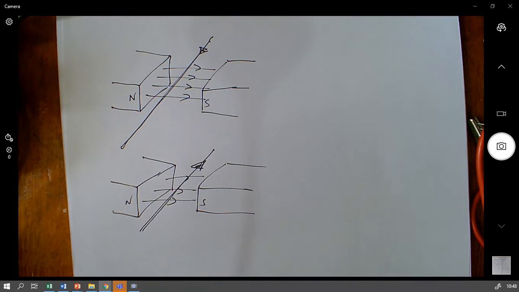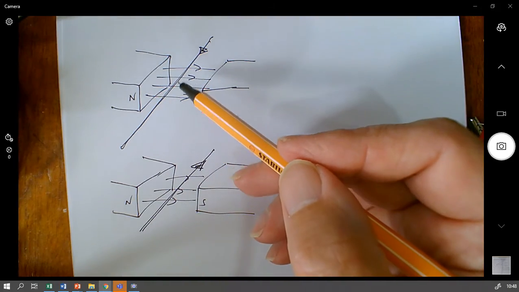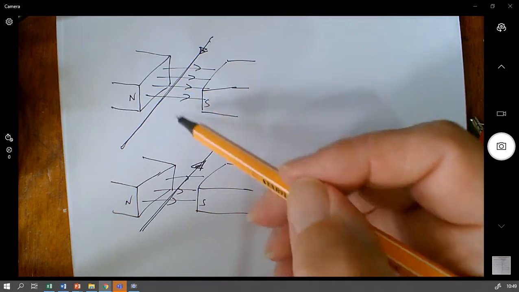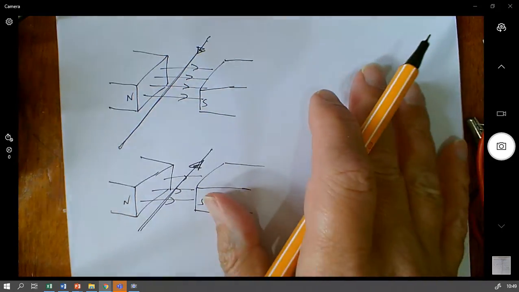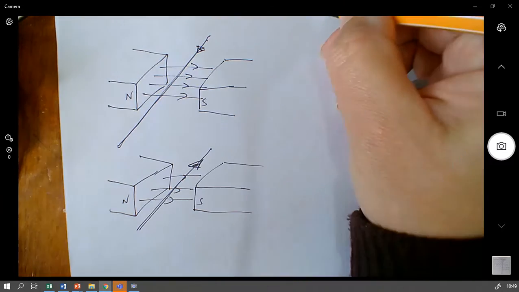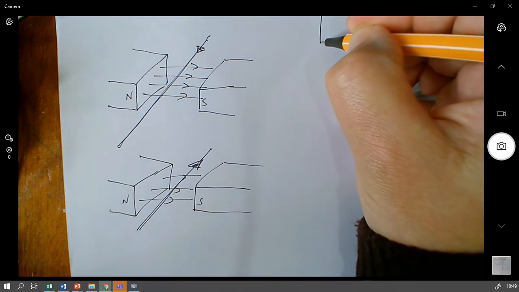Okay, so you should have paused and done the calculations. Now this is the second part, which is Fleming's left-hand rule. Fleming's left-hand rule predicts which way the conductor will move, either up or down, when it's in the field. This is because of vectors.